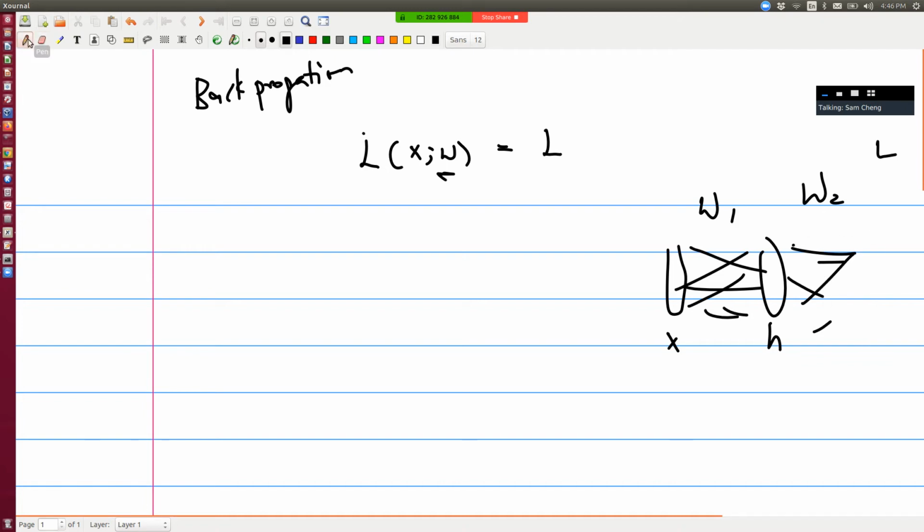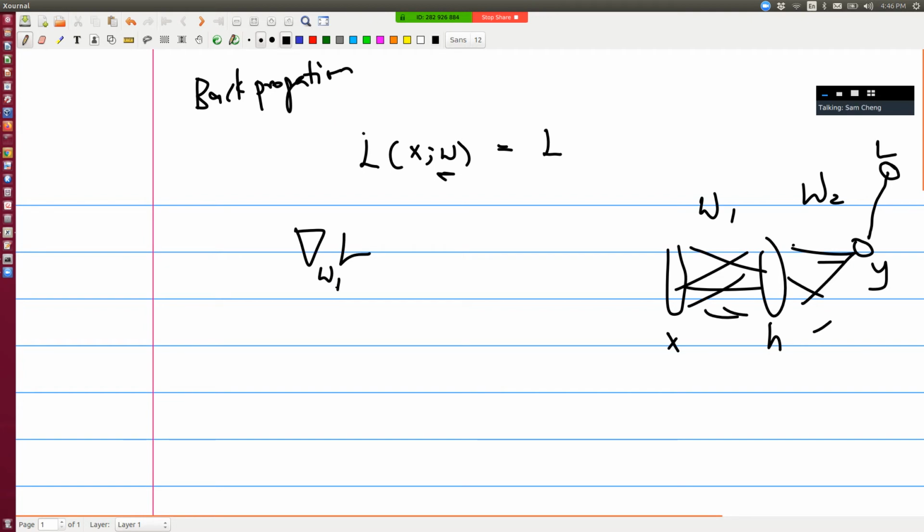And this Y is related to L, so L depends on Y. Now, I want to find the gradient of L with respect to W1.